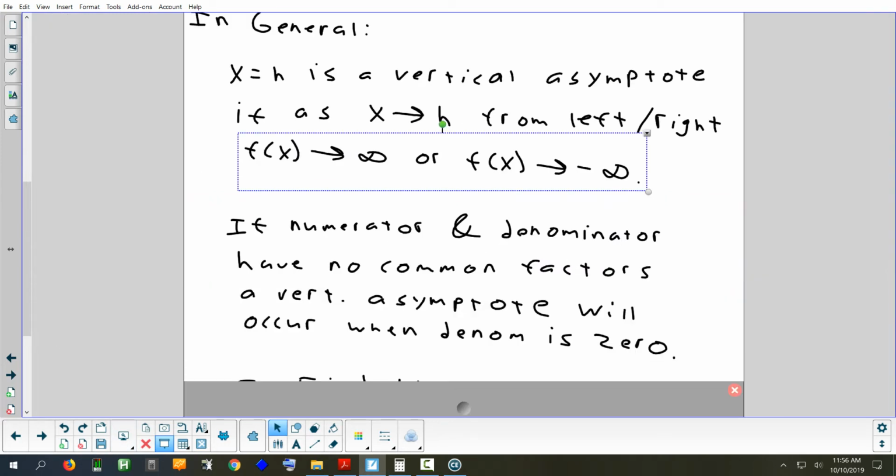And vertical asymptotes is pretty much what we spent most of chapter 3 on. Find the zeros, or the roots of the denominator. If you can tell me where the denominator is 0, then you can find the vertical asymptotes.